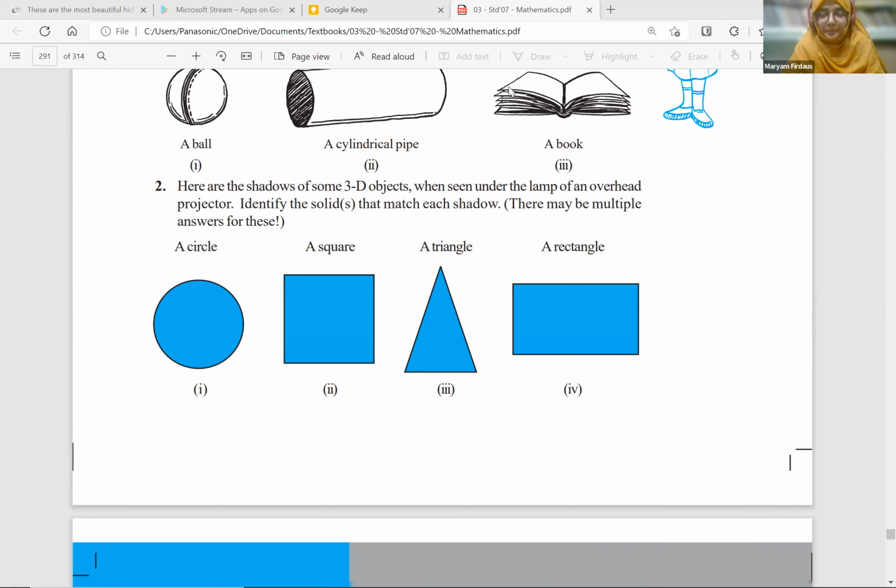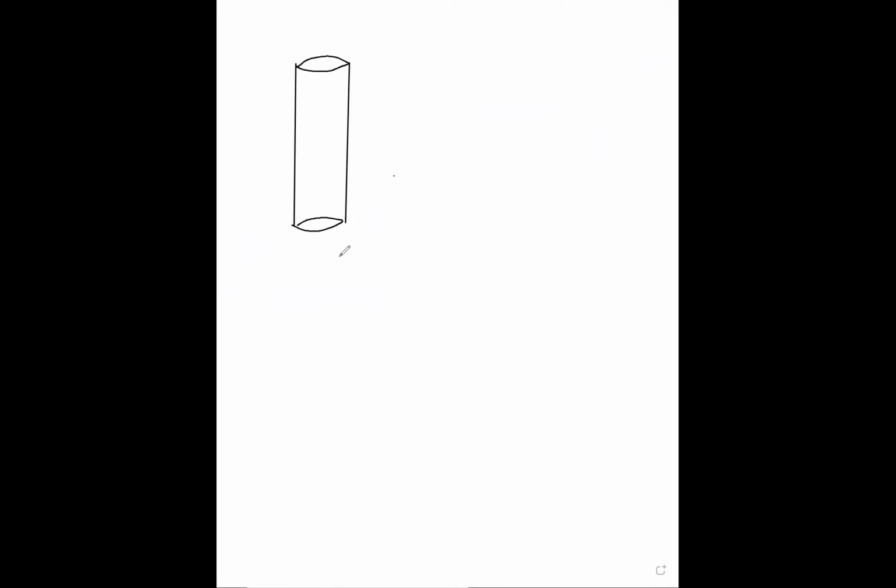Let me show you how. Let's say you have a cylindrical object like this. I haven't drawn it very perfectly, so just ignore that.